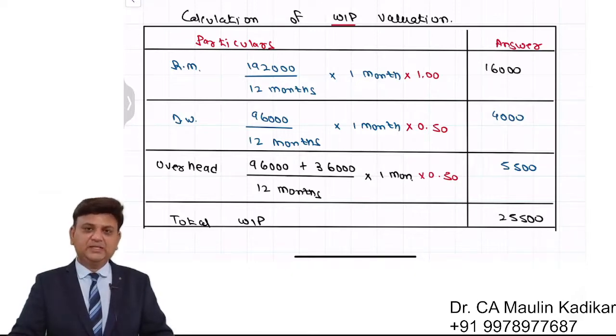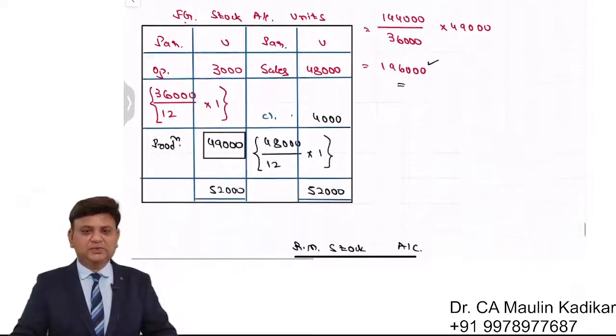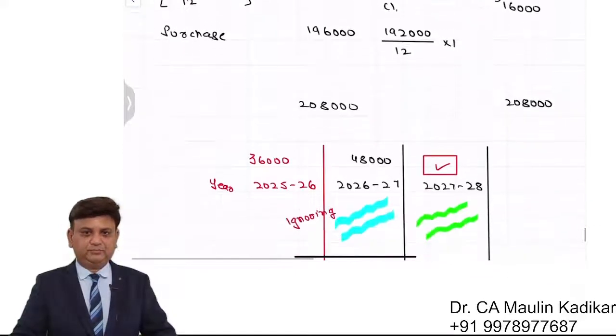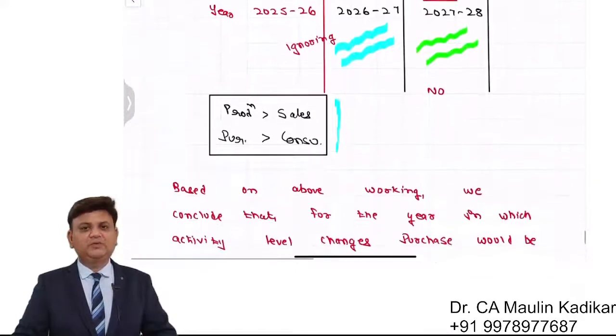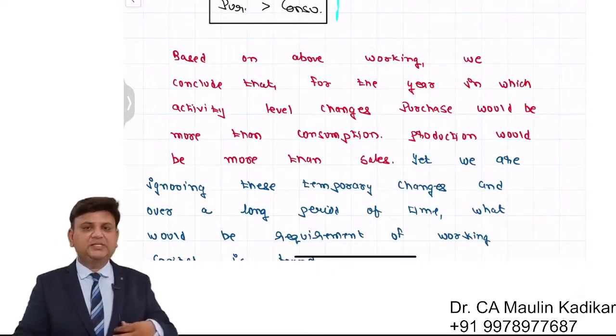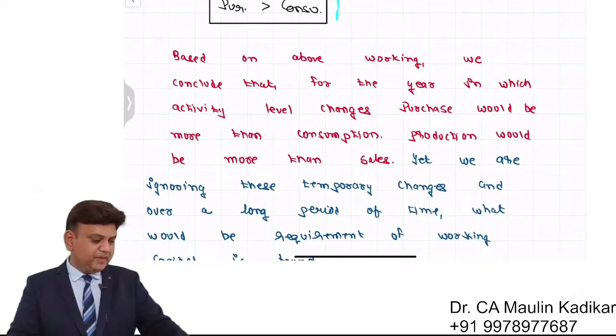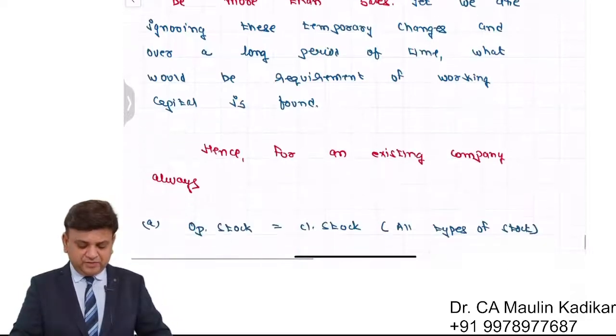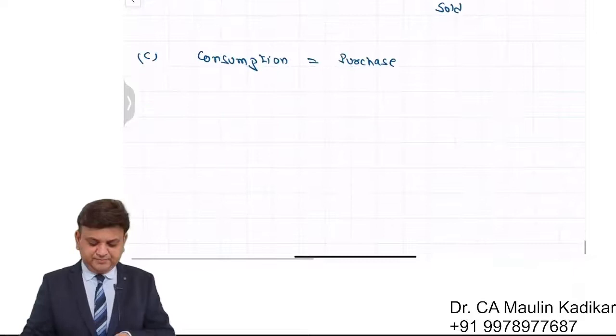We can make any other assumption also, but preferably we will make an assumption like this. For wages and overhead we have to make the same assumption, because we have been given that wages and overhead accrue evenly throughout the production cycle.